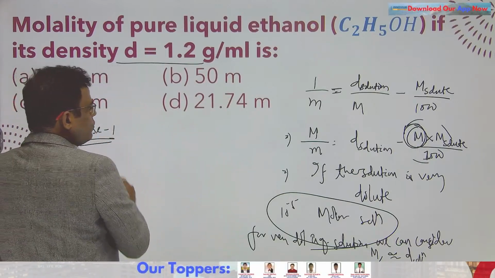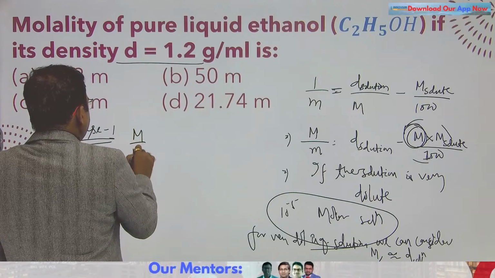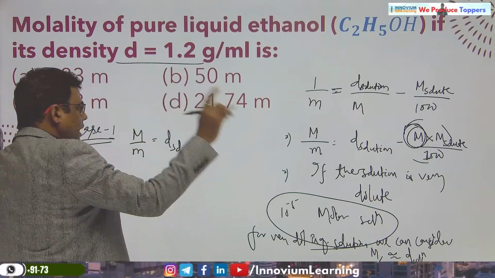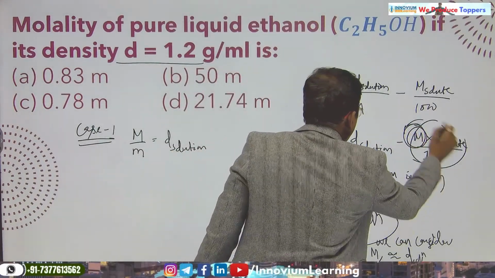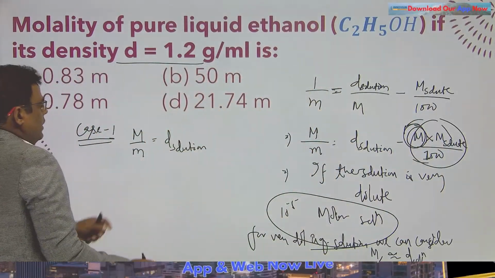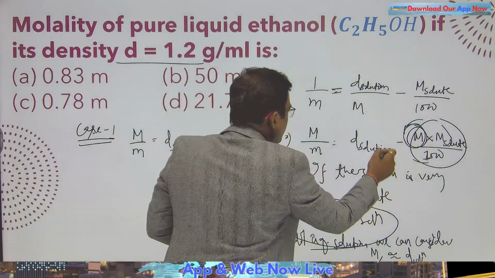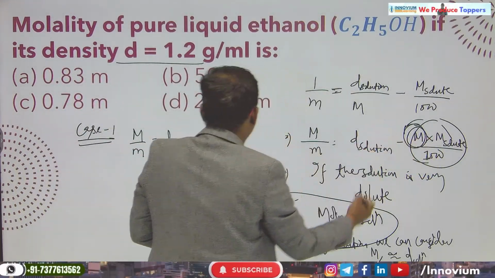So you see, case 1, M by m. Here, this is coming for a very dilute solution. For a very dilute solution, if M by m is coming as the density of solution, this term is ignored or neglected with respect to this.